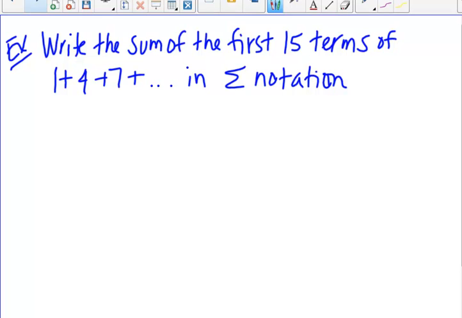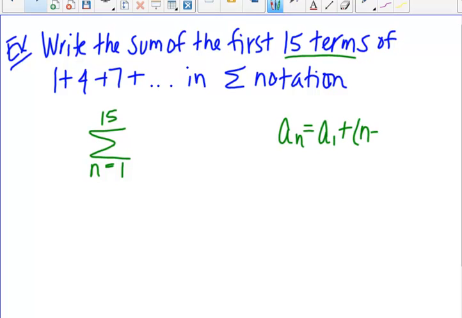Well, as I said before, if you want me to write in sigma notation, I might get my counter started, and if there's going to be 15 terms, then I'm going to go from n equals 1 to 15. So now I just need an equation, and I'm going to come over here and write out my little standard form, which either you get because you understand it, or you're going to have to memorize.